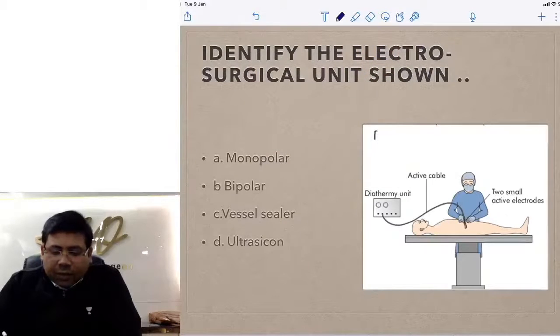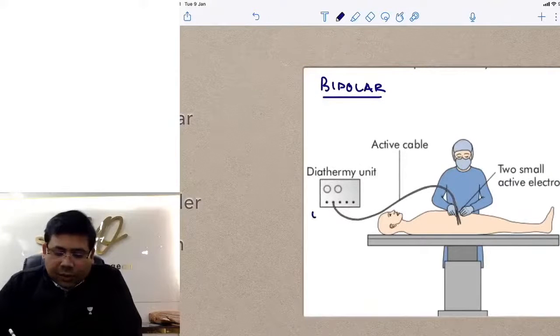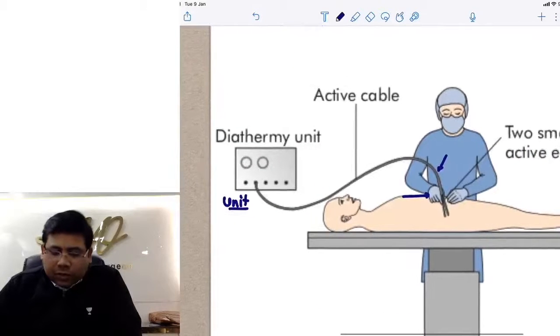Why is it bipolar? How can you define this as bipolar? Let us try to understand. This is a unit. And then, what is this, students? Both the electrodes. Can you see the two electrodes?